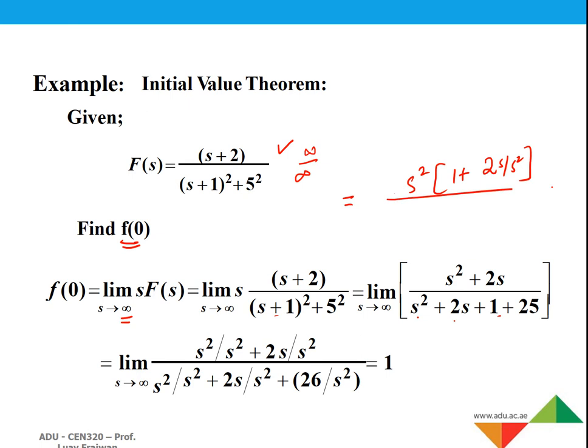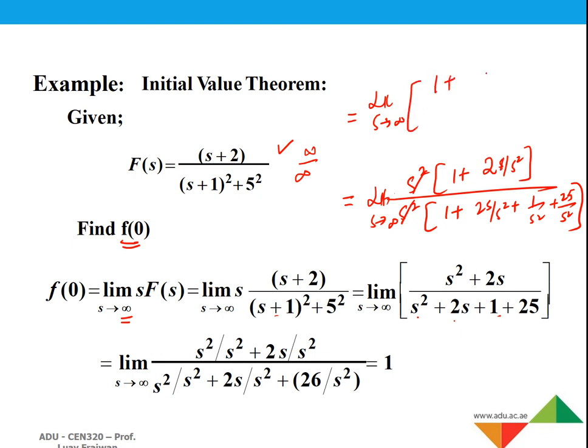Also in the denominator, if I take s squared common, it will be 1 plus 2 over s plus 1 over s squared plus 25 over s squared, and in the limit s approaches infinity, the common factor will be cancelled out.